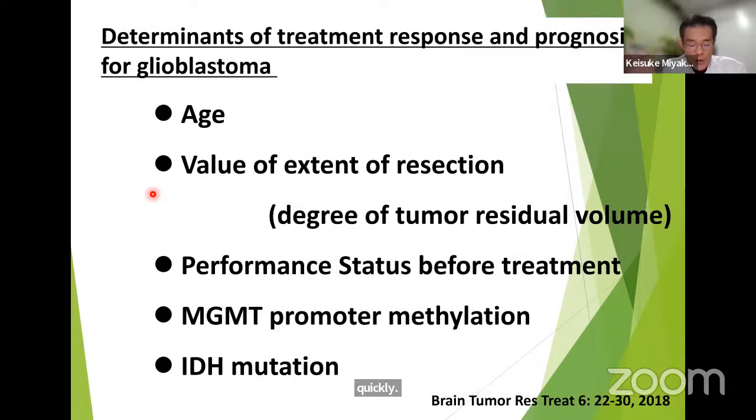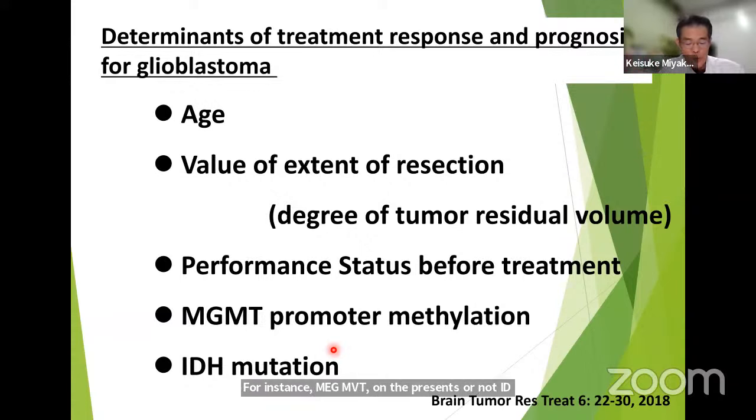Meanwhile, considering the response to treatment and prognosis of glioblastoma, these predictors are age, extent of resection or degree of tumor residual volume, performance status before treatment, presence of MGMT promoter methylation, and the presence of an IDH mutation.